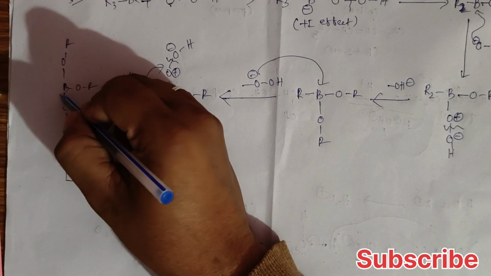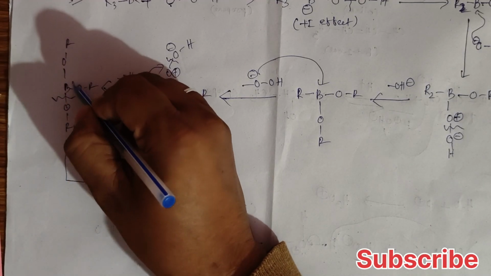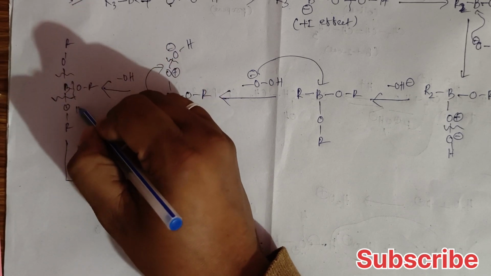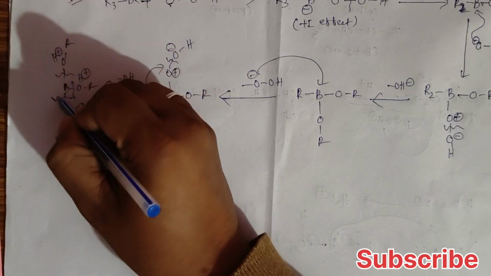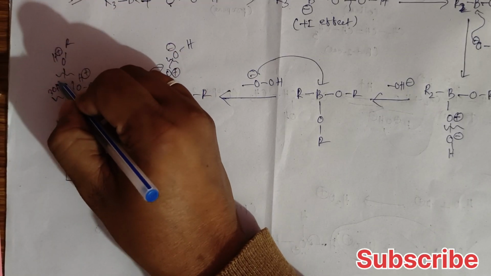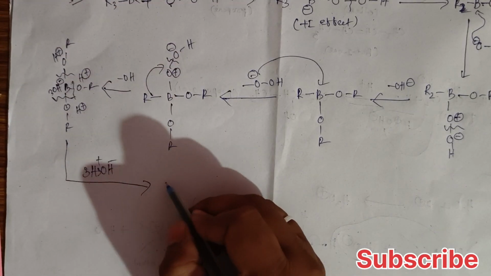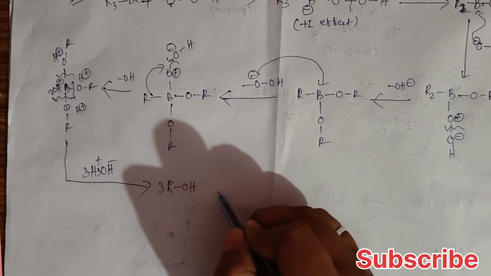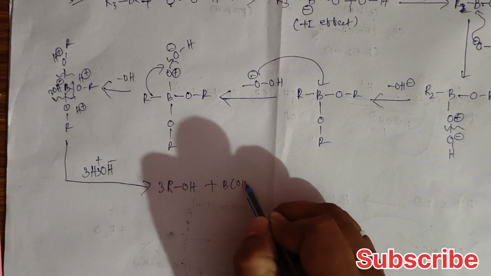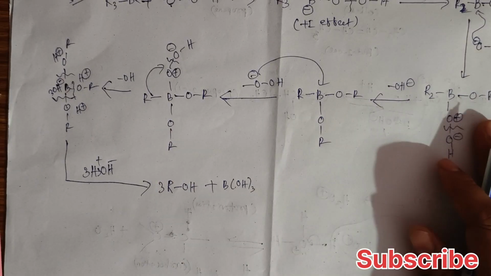So this bond will break, and H plus comes to this side, and 3 OH come to the middle boron, and we will get the product R3ROH plus B(OH)3, boron trihydroxide.